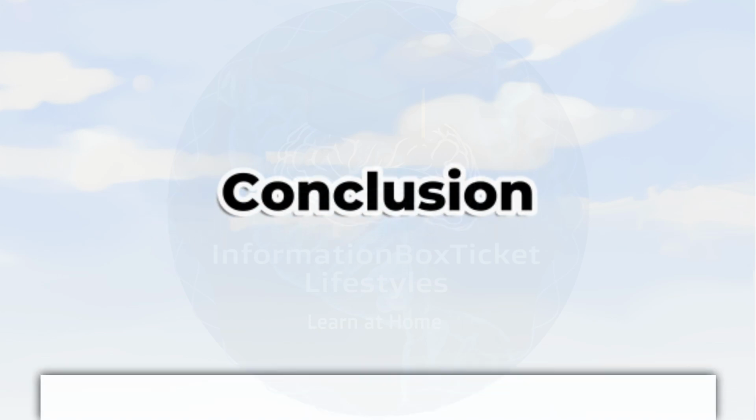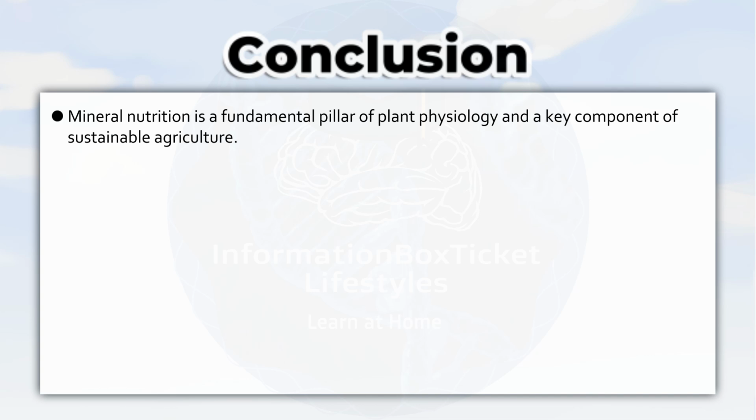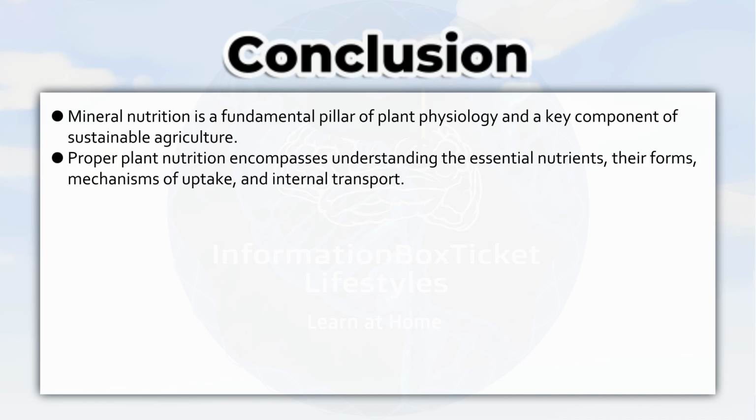Conclusion: Mineral nutrition is a fundamental pillar of plant physiology and a key component of sustainable agriculture. Proper plant nutrition encompasses understanding the essential nutrients, their forms, mechanisms of uptake, and internal transport.